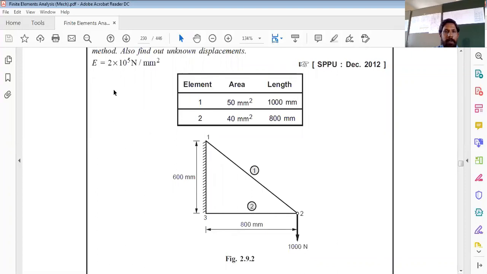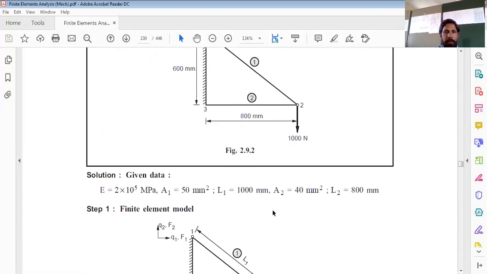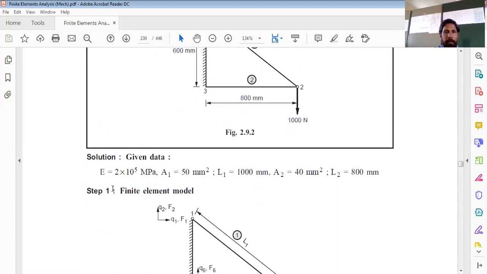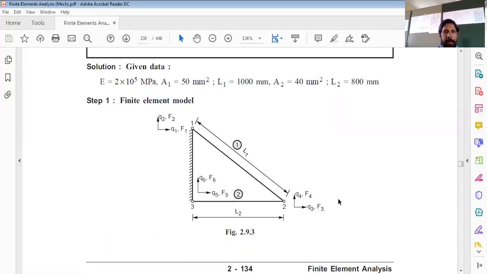The Young's modulus of the material of both links is 2 into 10 to the power of 5 Newton per mm square. So here is the given data. E is equal to 2 into 10 to the power of 5 megapascal. A1 is 50 mm square, L1 is 1000 mm, A2 is 40 mm square, L2 is 800 mm.